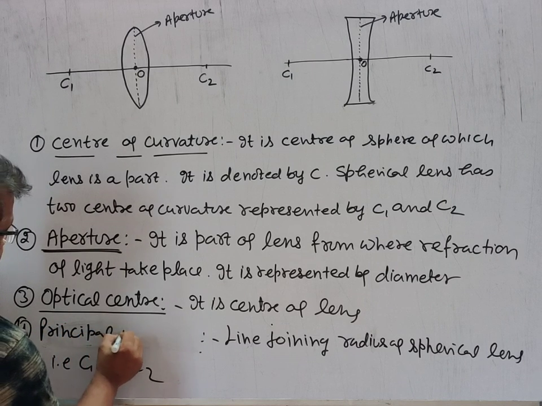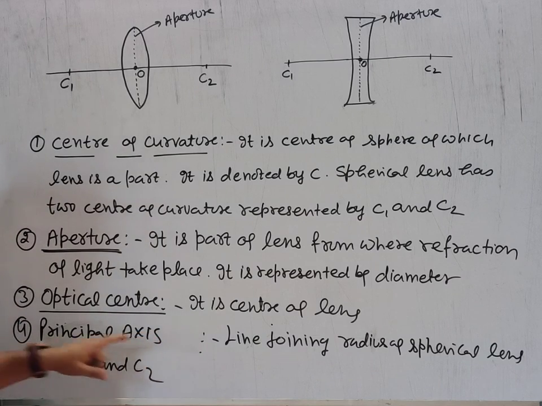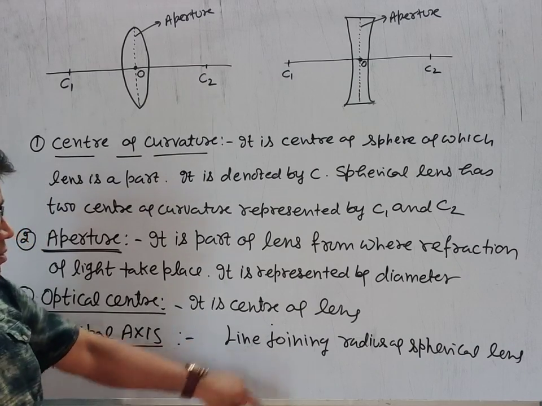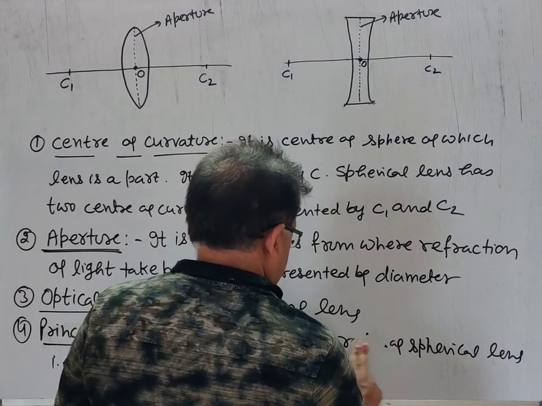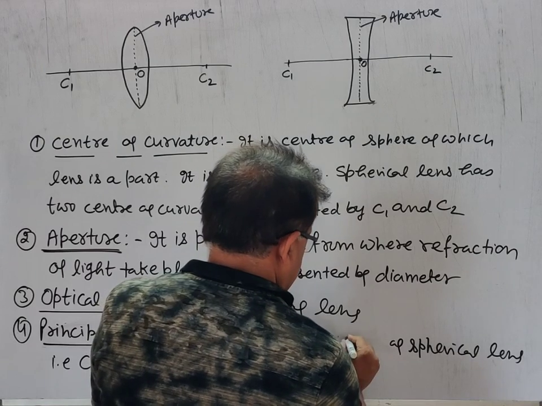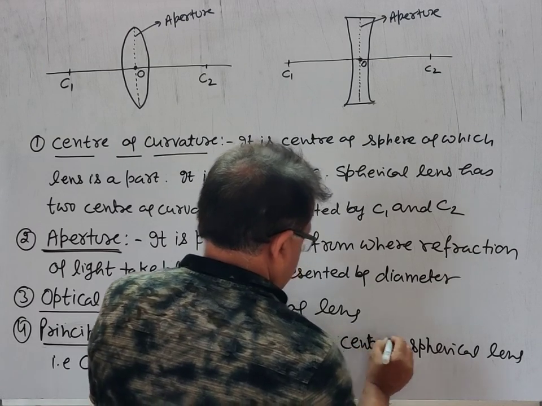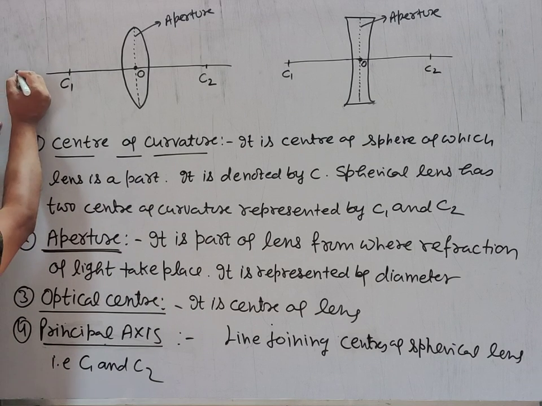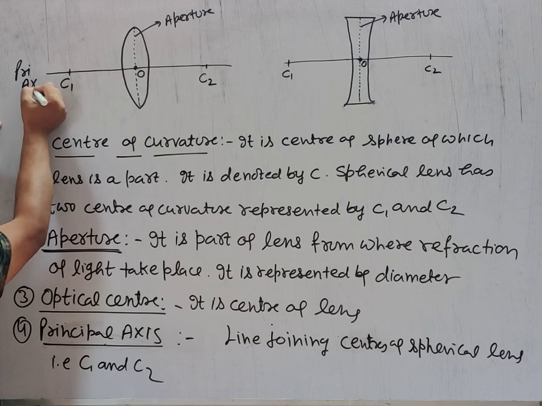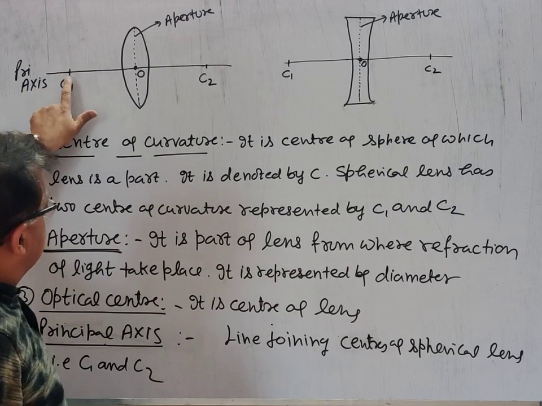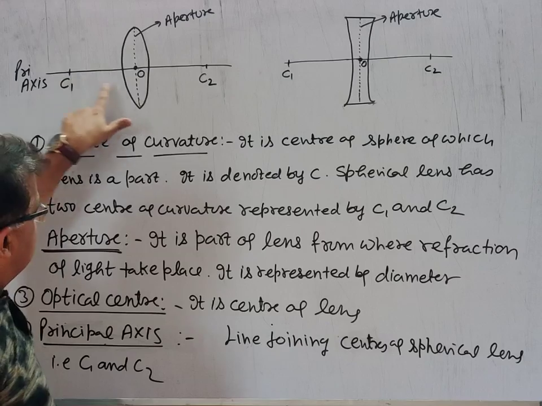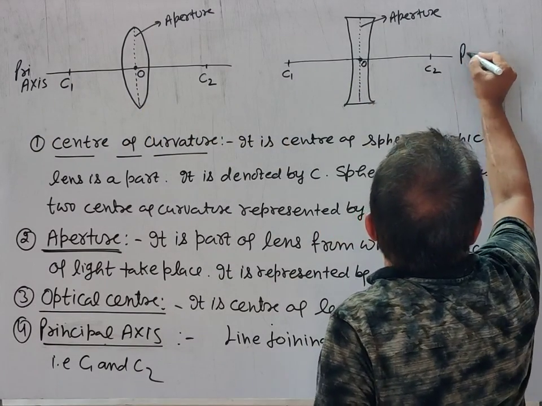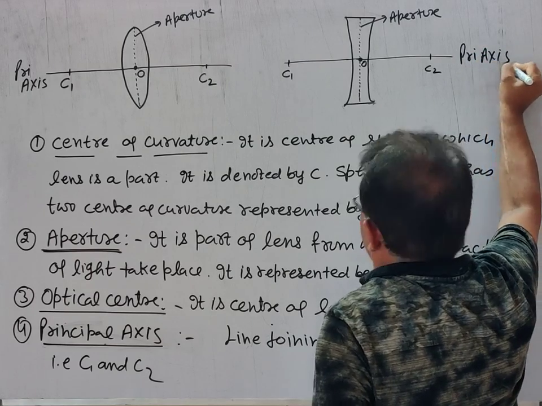Principal axis is the line joining the centers of the spherical lens, that is C1 and C2. So this is the principal axis, the line which joins the two centers of curvature, C1 and C2.